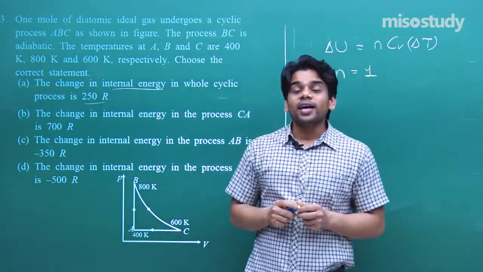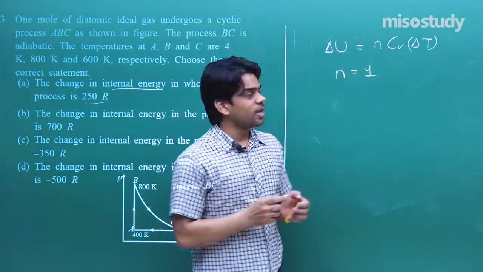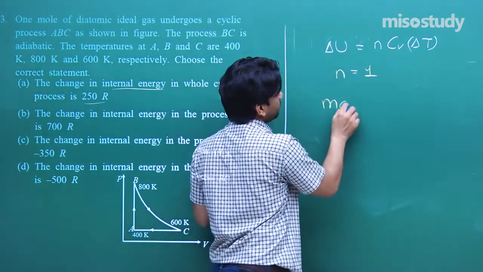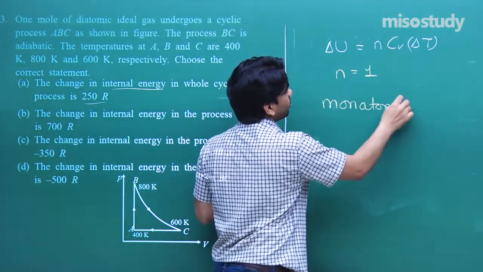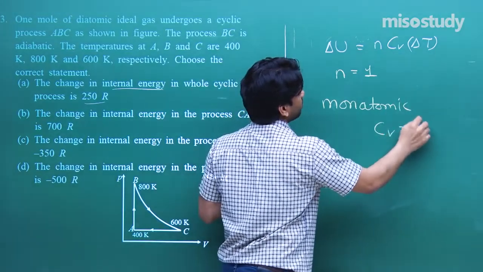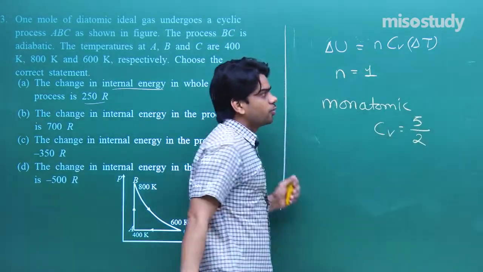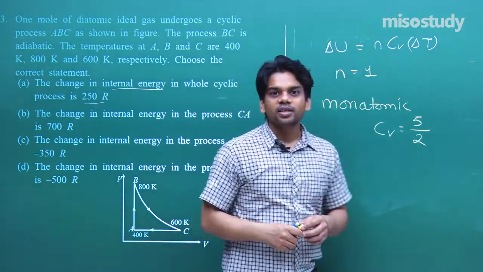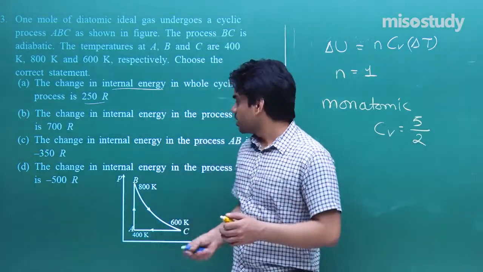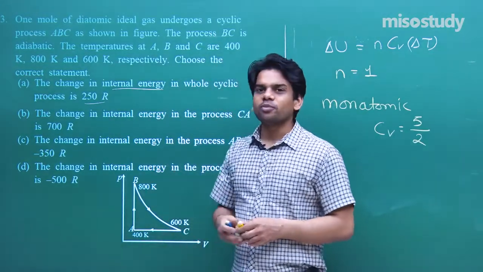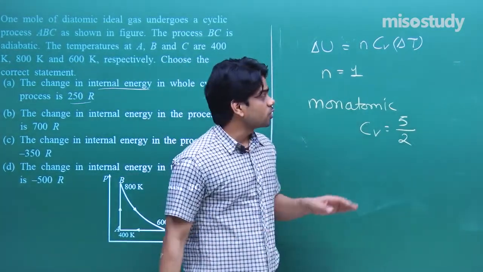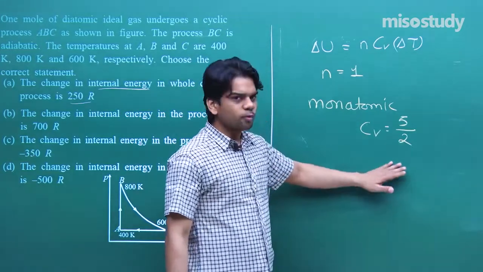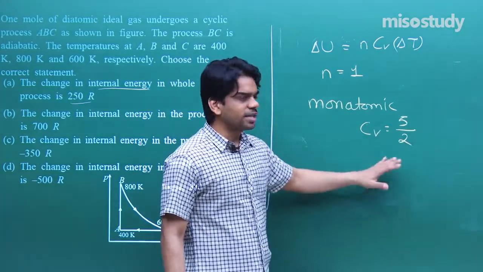Cv, monatomic gas, you can use Cv as 5/2, and finally you have to put up the values of the given thing. You see here, temperature difference you can easily evaluate from A to B, from B to C, you can easily put up the values. So what do you do? Actually just we have to put the values, take note till here.